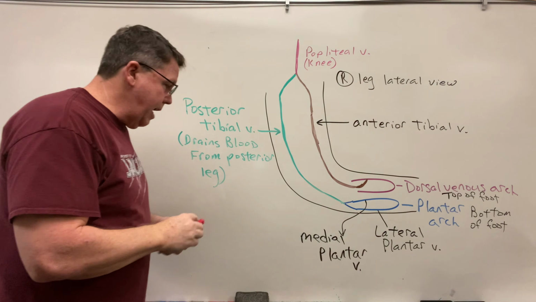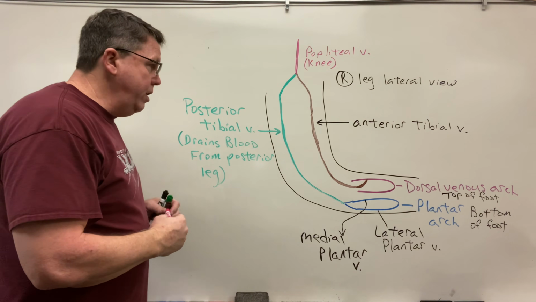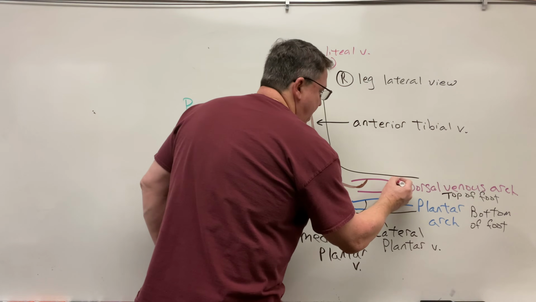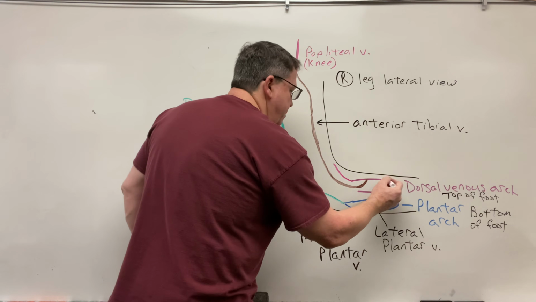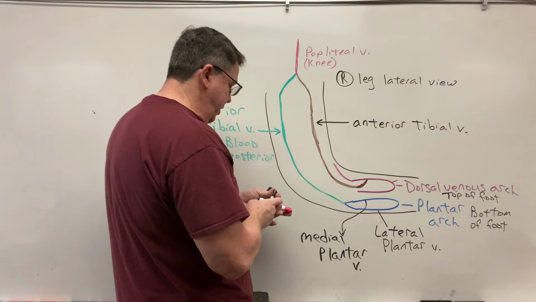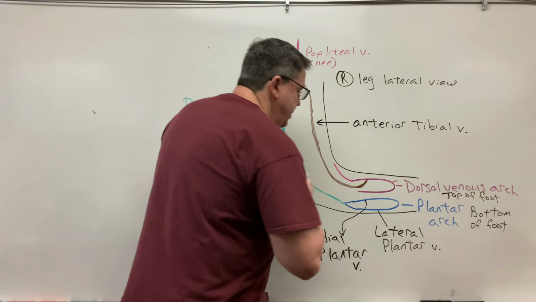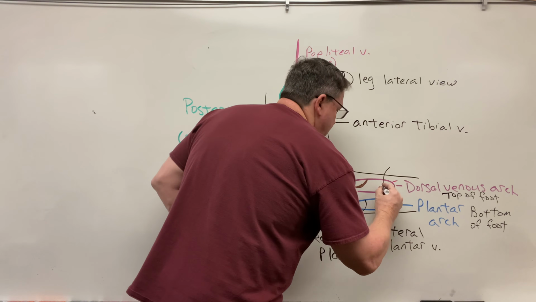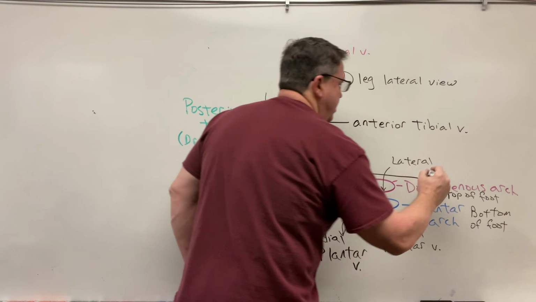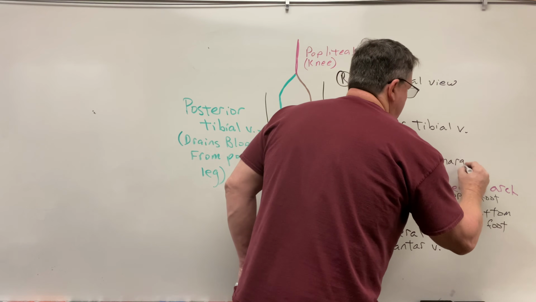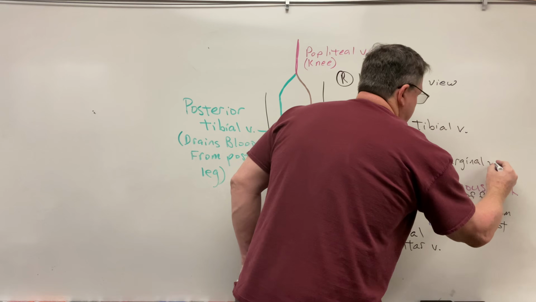There's some other things that are happening here too. So if we look right here, this dorsal venous arch, we're actually going to have a vein that comes from your big toe. And then it's going to be on this part here. Oop, I didn't label this. This part here of my dorsal venous arch is called the lateral marginal vein.